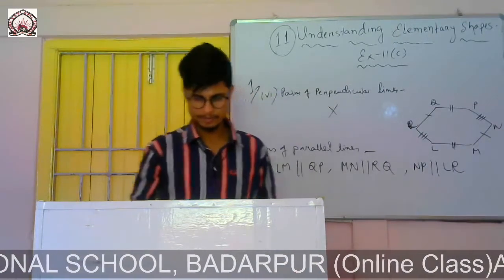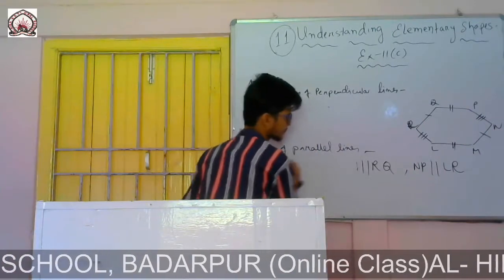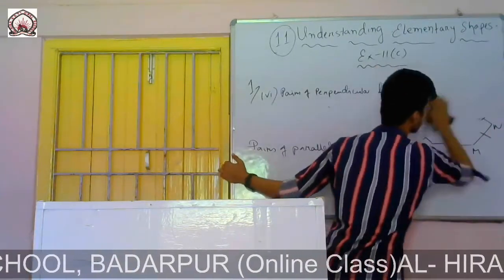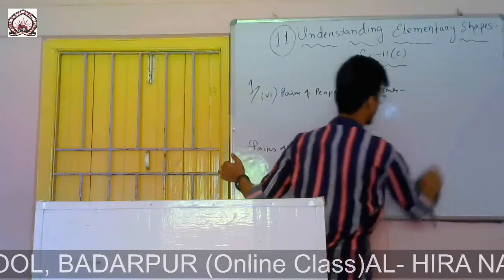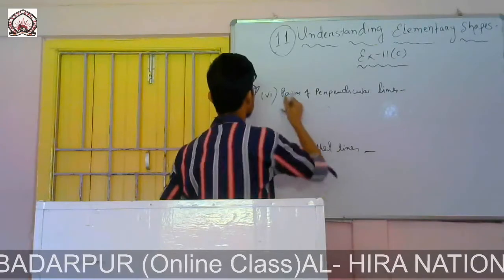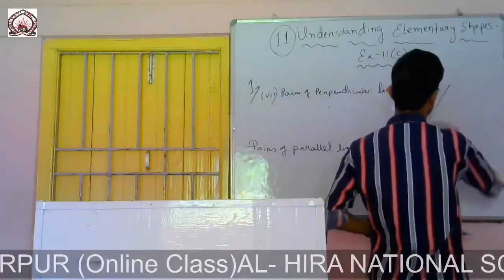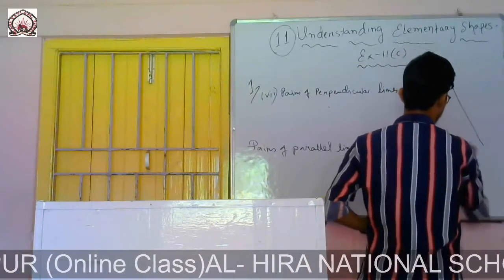Now Roman number 7. So there is a star given like this.